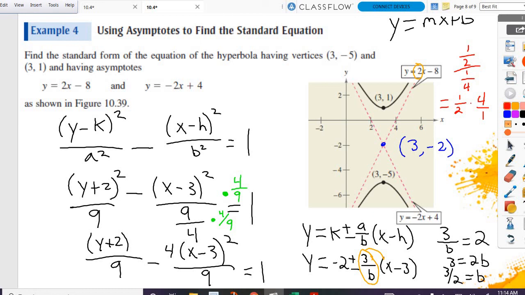Or, if you think about it this way, I changed my division bar to be multiplication, and then I had to flip this. So I didn't really multiply by anything. Either way, you end up with the same thing. Alrighty, that's all she wrote.